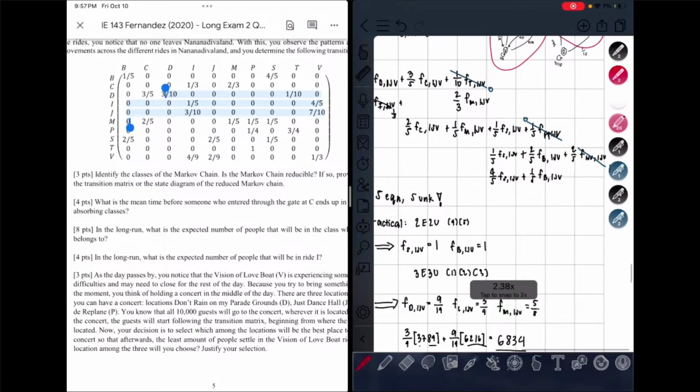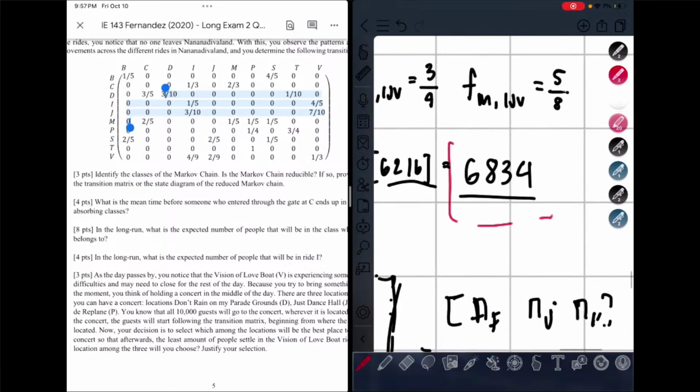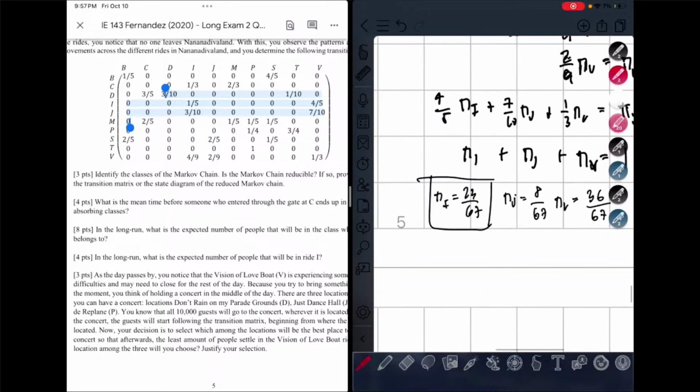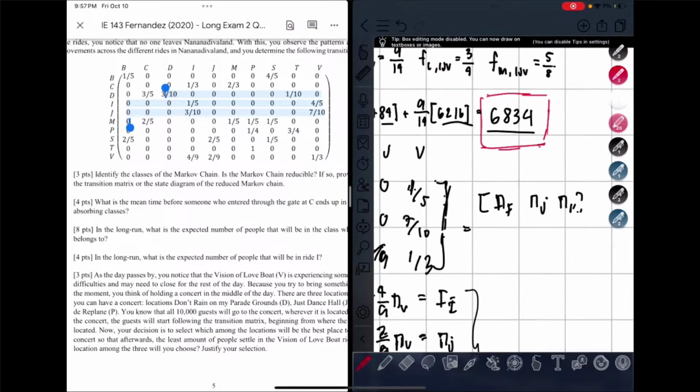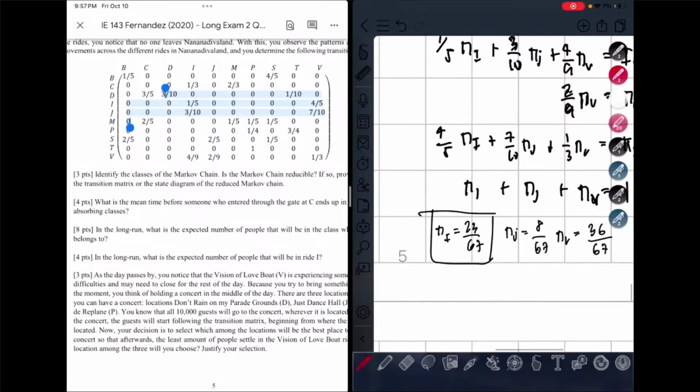What we care about is this 6834, which you divide further based on the steady state probability, which means 23 over 67 of the 6834 guests at IJV will at any given time on average be at Red Eye. So that's 2, 3, 4, 6. So that's your answer for the number of people at I.